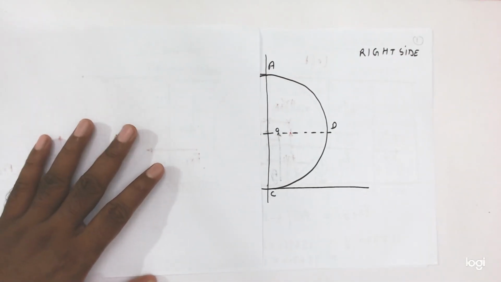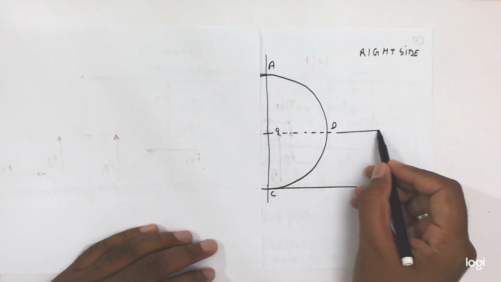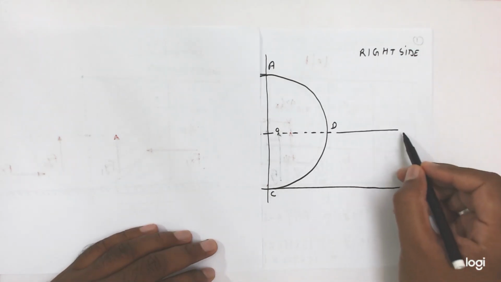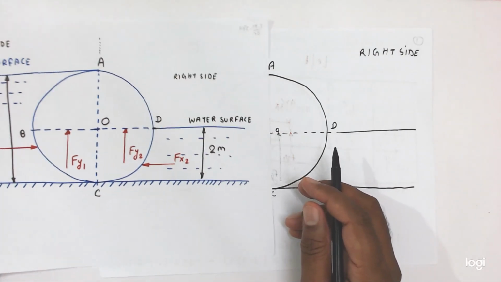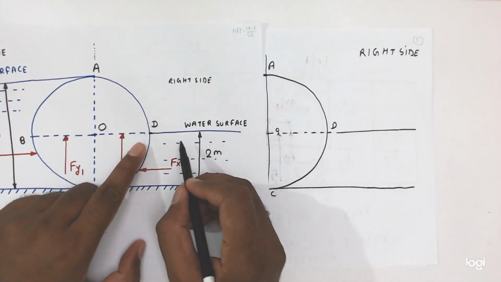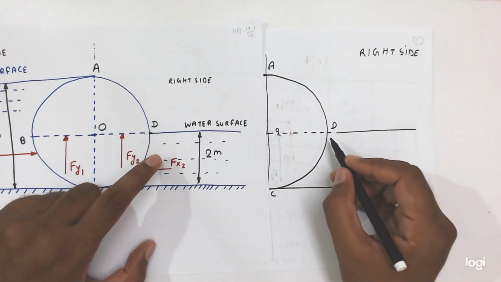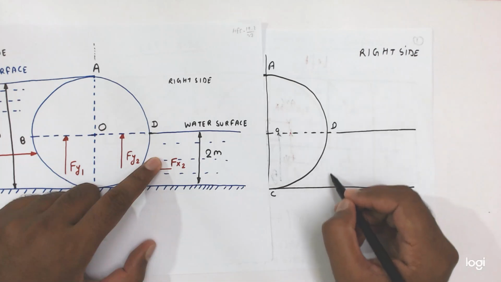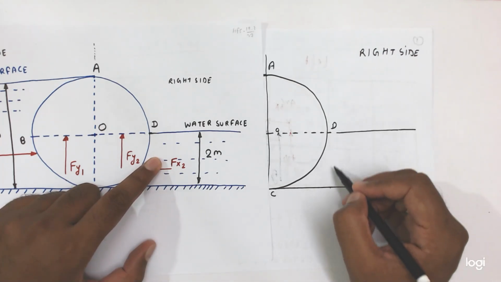Now we have to calculate only the right side because right side is liquid up to this level. Half level is there. Since here you see half side only, the liquid surface level is half of the cylinder. So this distance is equal to what? This distance is equal to half, or you can say radius. So it is the 2 meter.